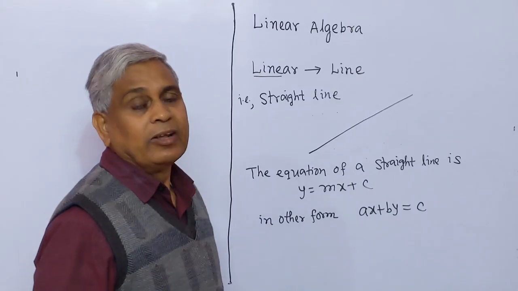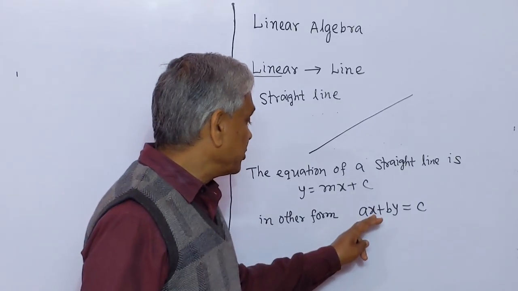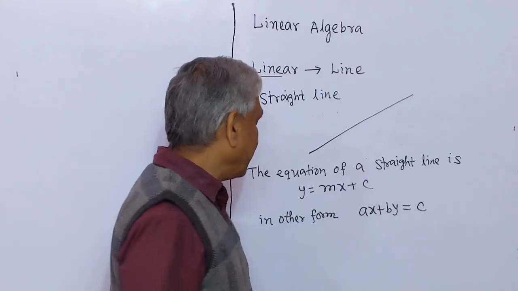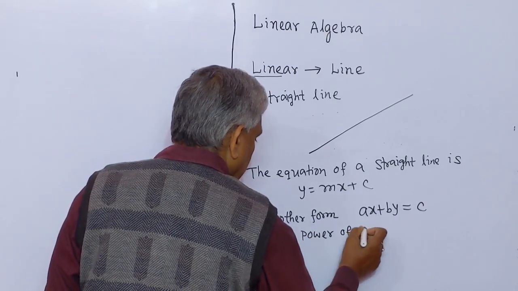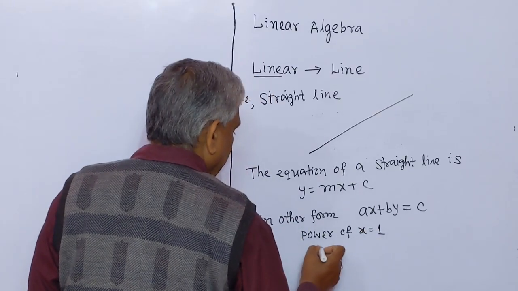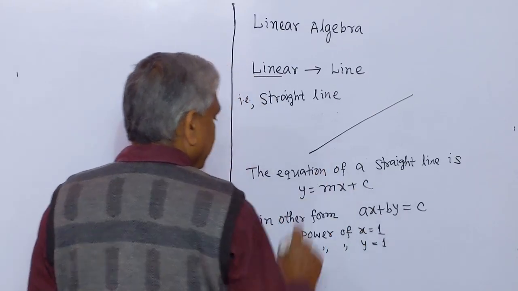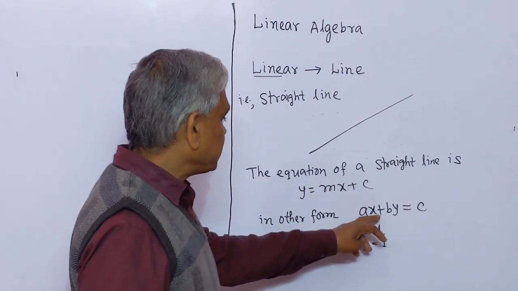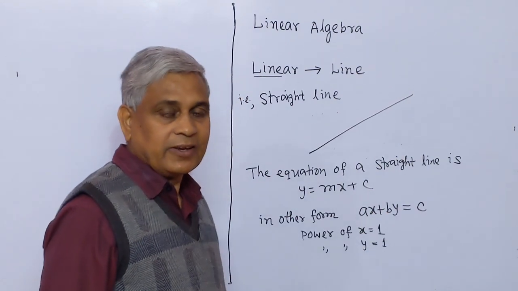In this equation, we see that the power of the variables x and y is 1. Power of x and power of y equal to 1. Here the variables are x and y. A, B, C are constants.